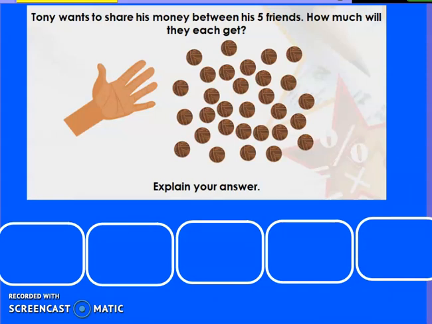Okay, hopefully you've made your bubbles or your bar model with sections and you've got 1, 2, 3, 4, 5 equal sections to represent Tony's 5 friends. We know he's got 30 coins. Let's separate them and share them out.